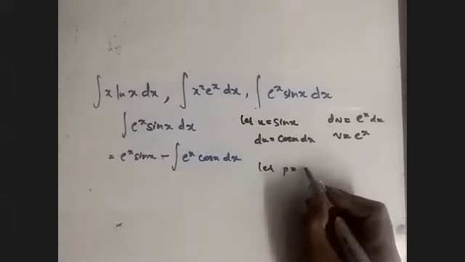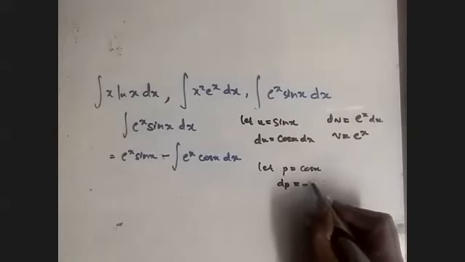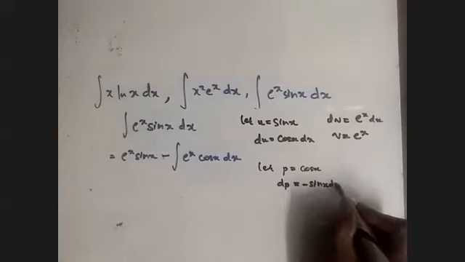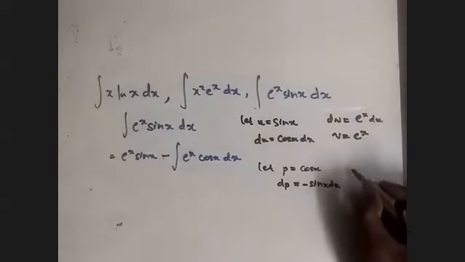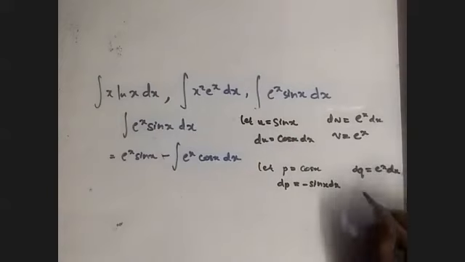Now we're going to let p be equal to, let's say, cos x again. And then our dp is equal to negative sine x dx. And then dq is equal to e to the x dx, then our q becomes e to the x.